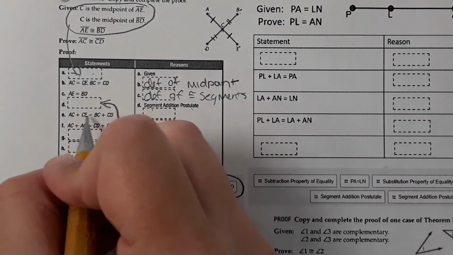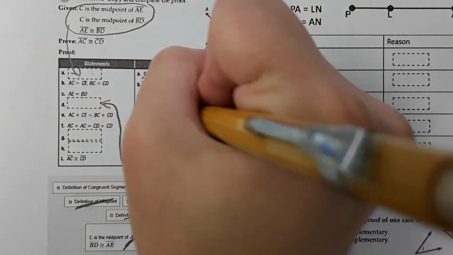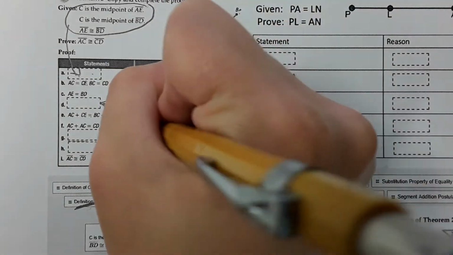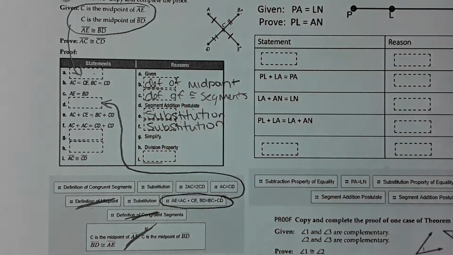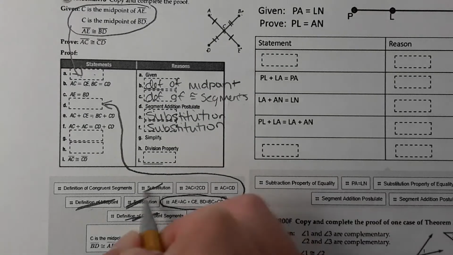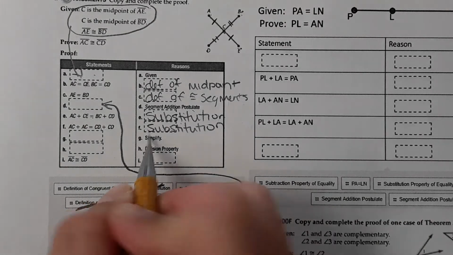Then they're going to use substitution on the next two steps. On step G, it says simplify.